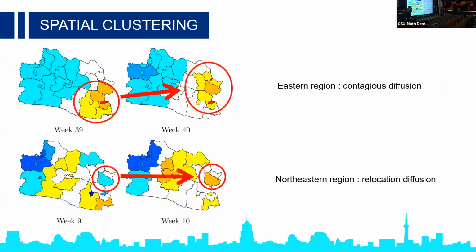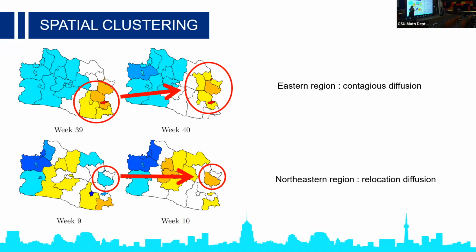And the eastern region is also contagious diffusion. This is from week 39 to week 40. We have this one, and still more or less that one, but it expands to the upper region. And the northeastern region is relocation diffusion. They had a safe condition, then became orange from week 9 to week 10.